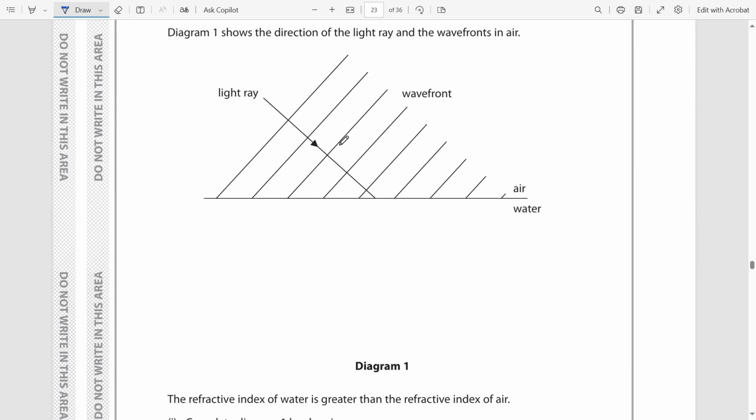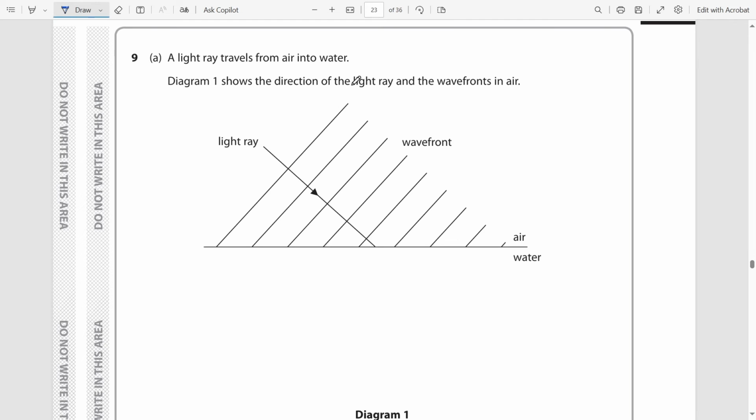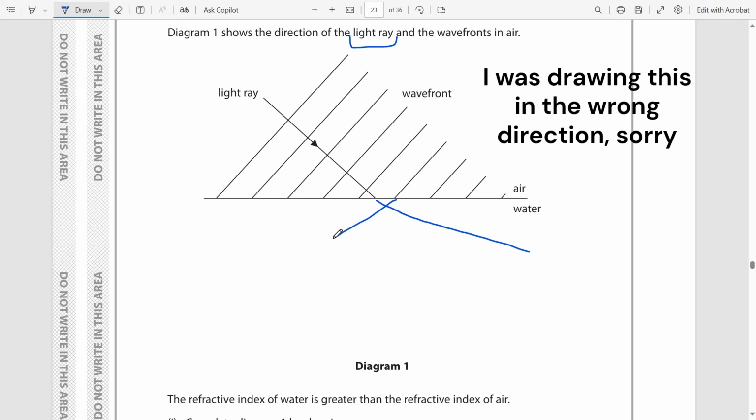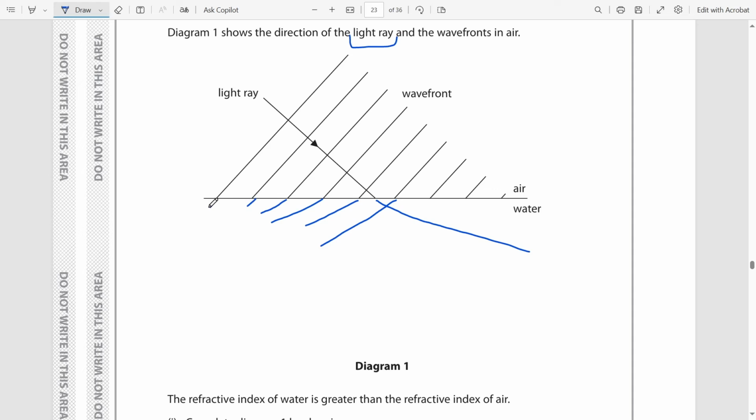Oh no. How am I going to do this? Okay, guys, this is a light ray, just for your information. So it will be going slower. That's faster, my mistake, guys. Like this. These guys should be a lot closer together.